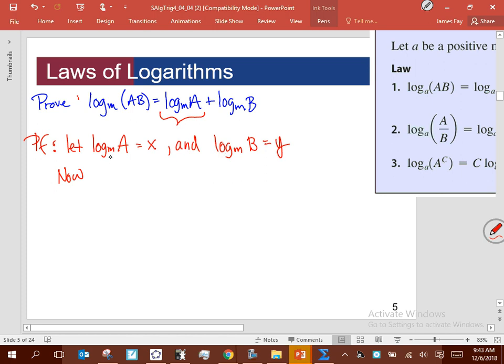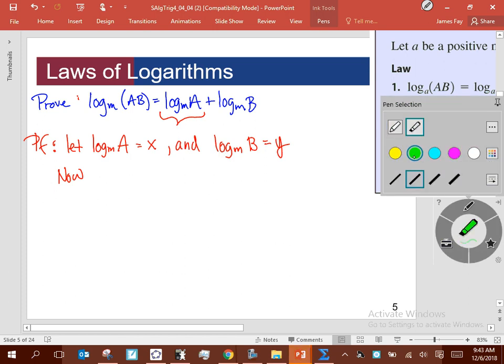Now, would you guys agree that if I look at just that one right there, we can write that m to the x is equal to a? Okay? And if we look at this one here, we write m to the y equals b.